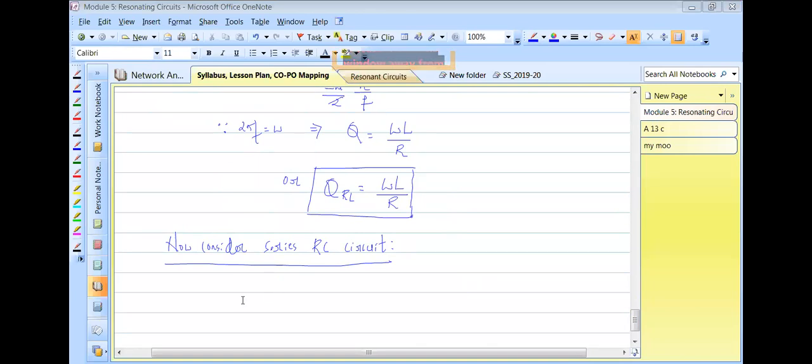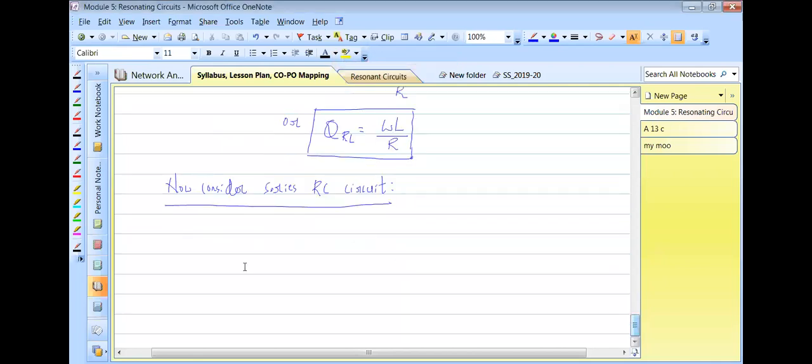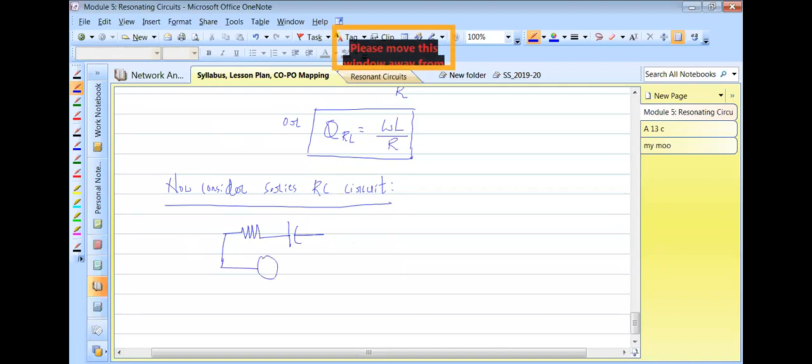Now let's consider the RC circuit. Till now what we have done is for the quality factor of the RL circuit. See here, you have R and you have C. This is also a resonating circuit. So what is going to be the quality factor of a series RC circuit? Again, the quality factor remains the same.